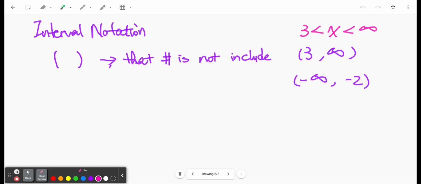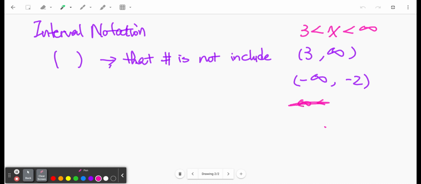So when you look at how I write the notation out, you see the range. 3 is smaller than x, and positive infinity is bigger than x. Okay? That makes sense? For the second one, we don't write negative infinity.